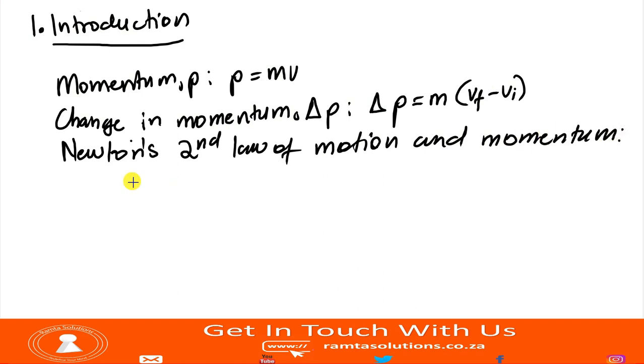It gave us the formula F net equals delta P over delta t, right?